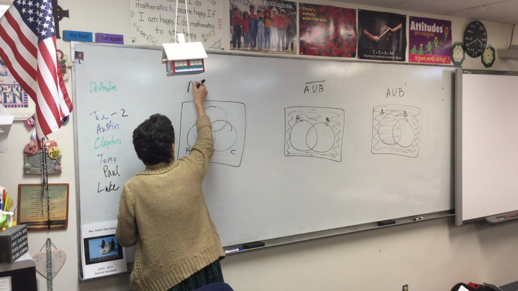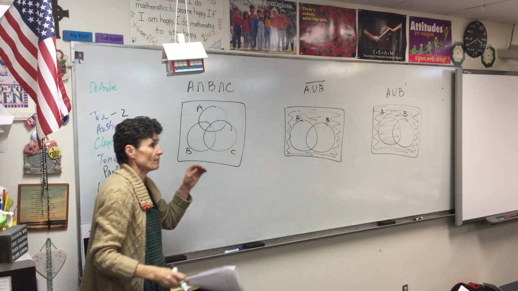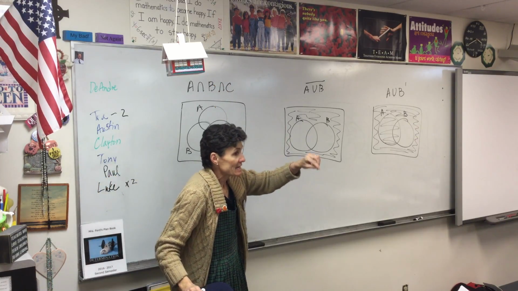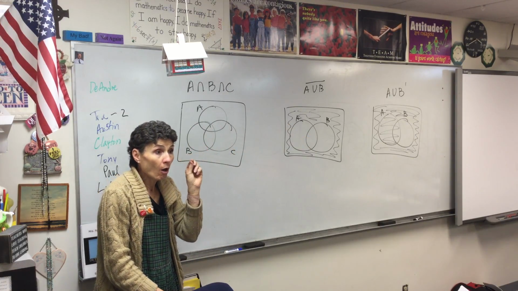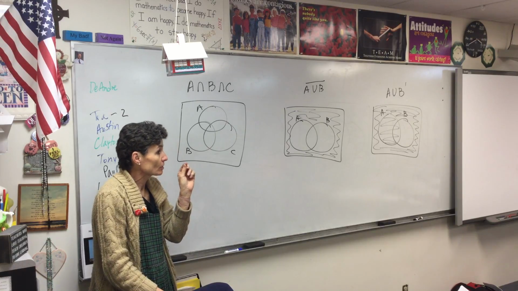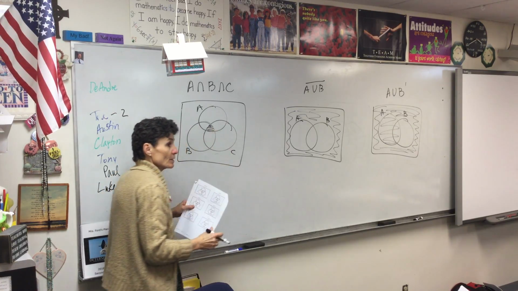What are we talking about when we put those upside down U's in there that mean intersect? That means you look where they all overlap. It's just this little piece right here.